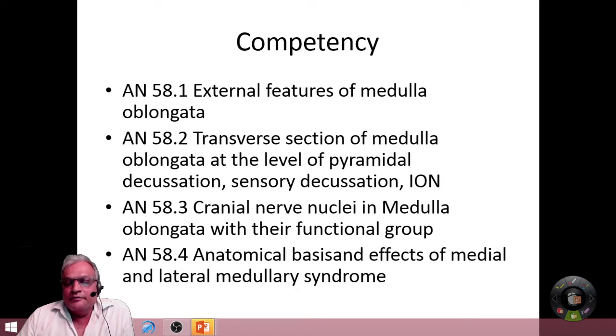I hope you remember your functional columns. Then the anatomical basis and effects of medial and lateral medullary syndrome, which is the condition that affects the medulla, that is mainly a vascular problem.